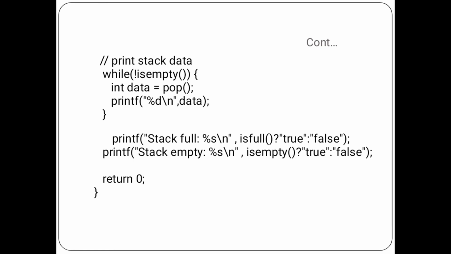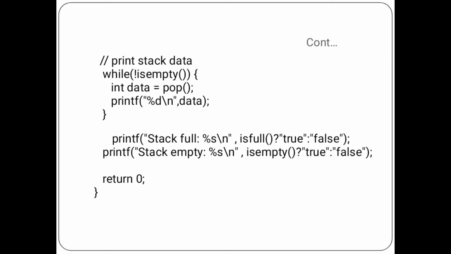So while not is_empty, int data is equal to pop, printf percentage d data. And after that, printf stack full, so here we are using the string percentage s is_full. Is the stack full?